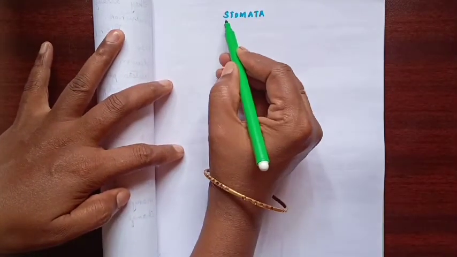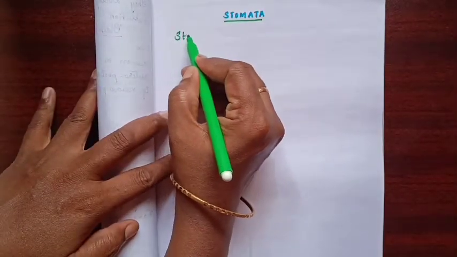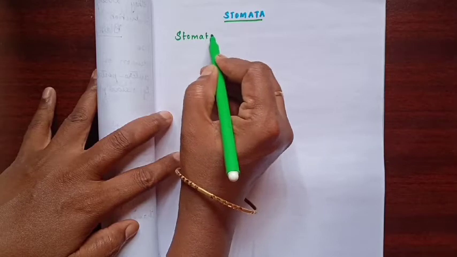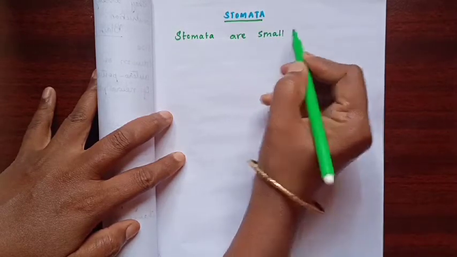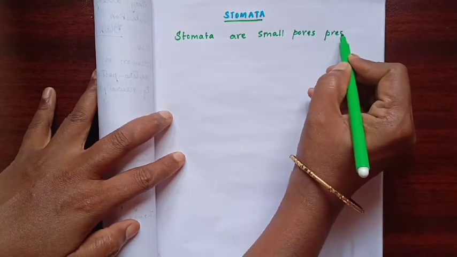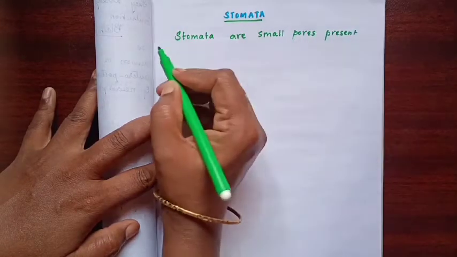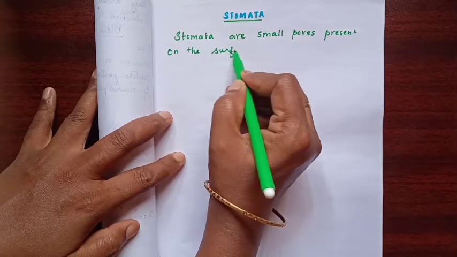Today, let us see about stomata. So, you all know stomata are small pores present on the surface of the plant parts.